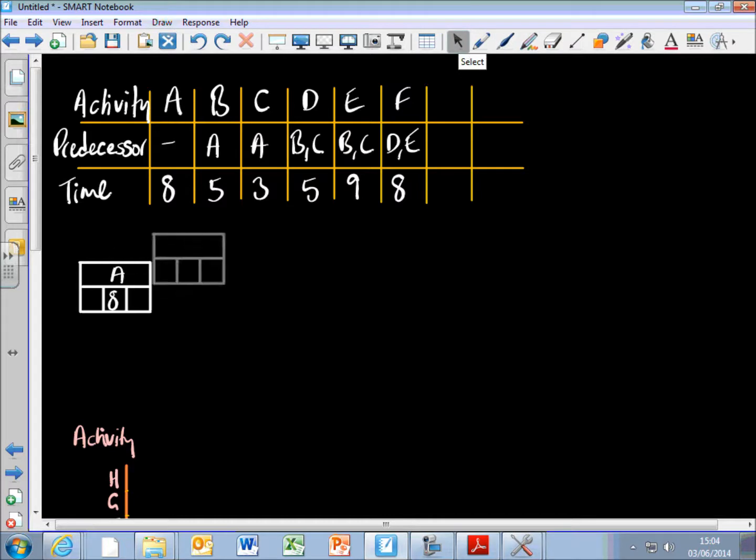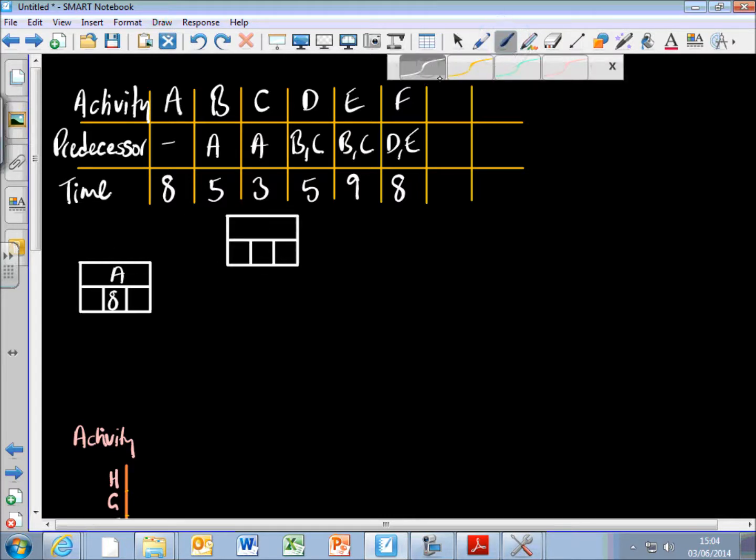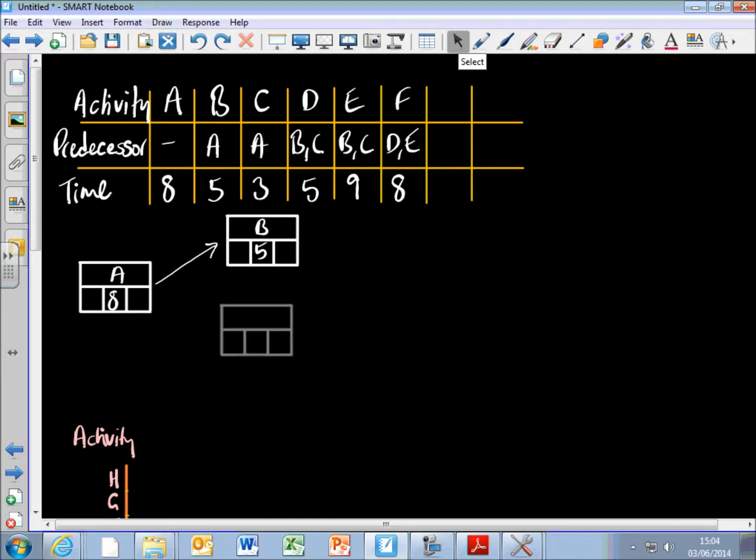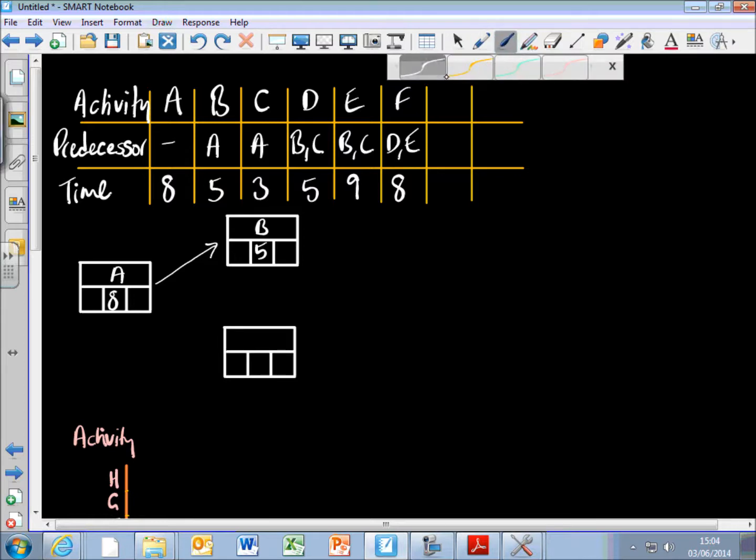Okay, and I'm going to grab a box here, and I'm going to put activity B in here, and B takes 5 days to do, and it needs A to be done, so I can go from A to B, so I'm going to put a little arrow like that. Same for C. C takes 3 days to be done, and I need A to be done first, so I'll put an arrow coming from A.